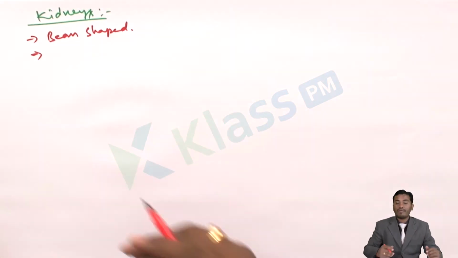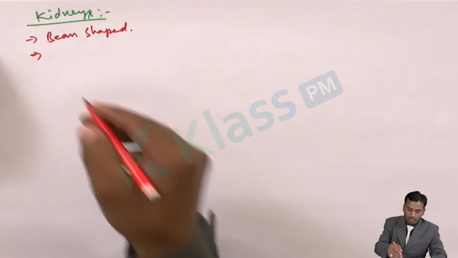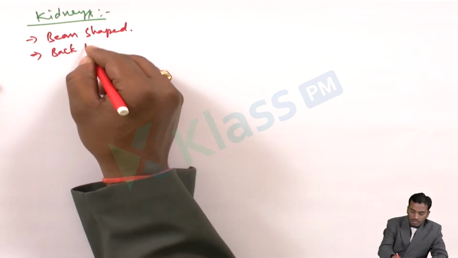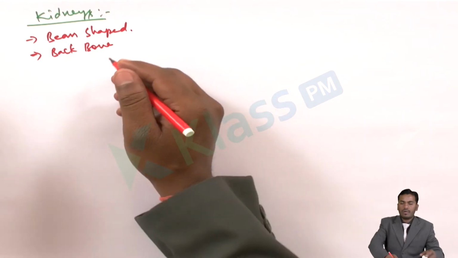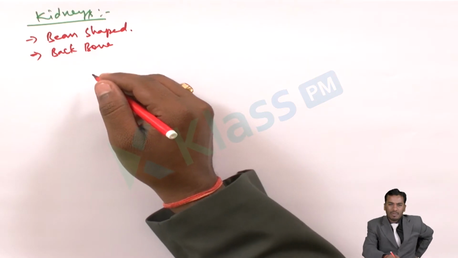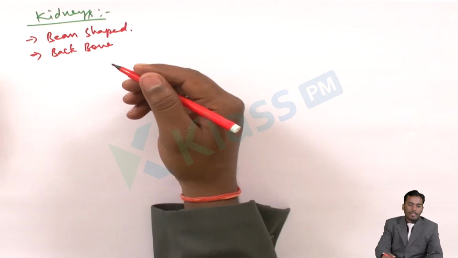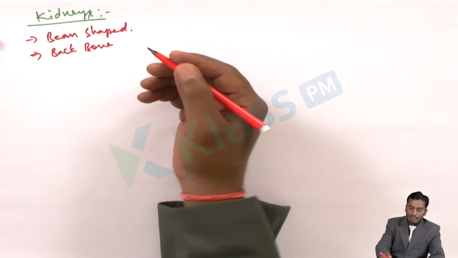Everyone has 2 kidneys, present at the backbone, just below the rib cage, on the backside, in the abdominal cavity.